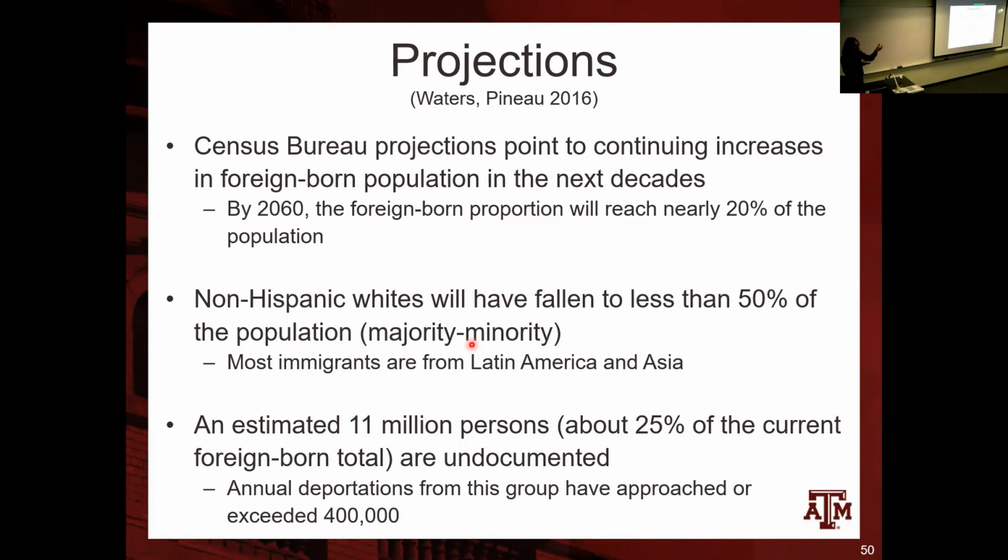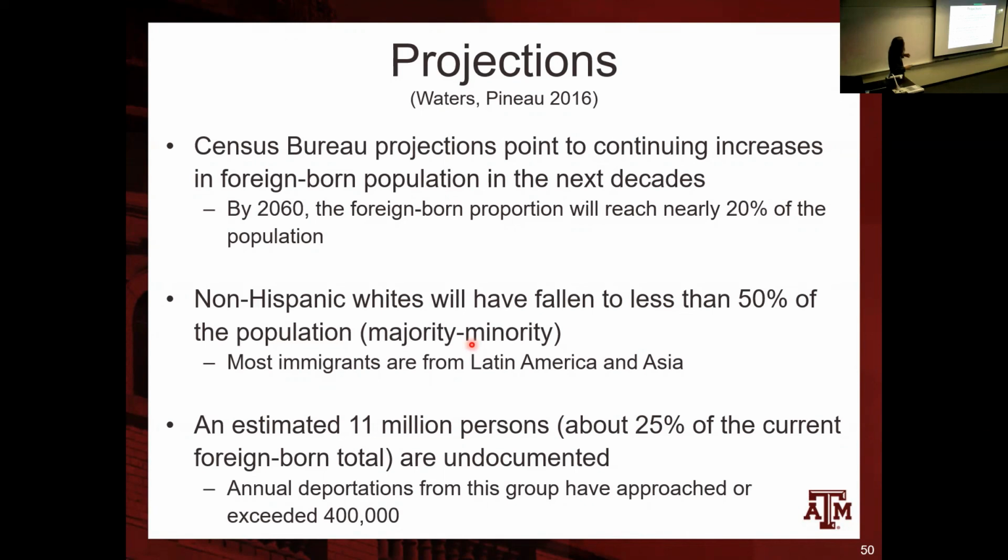Because of the high selective migration, the experience here is really different. So in these next decades, the US will have less than 50% of the people being non-Hispanic white. That doesn't explain the diversity that the country has, because the other groups cannot just be put together. Even some white people might classify themselves as being two races, and are put in the minority with African Americans, with Asians, with Latin Americans, and so on, right?